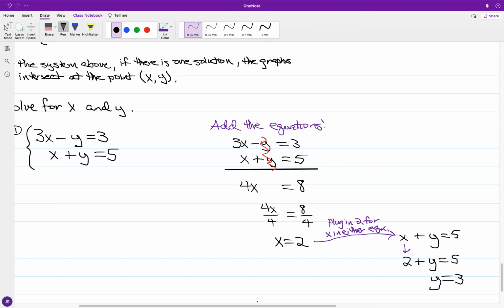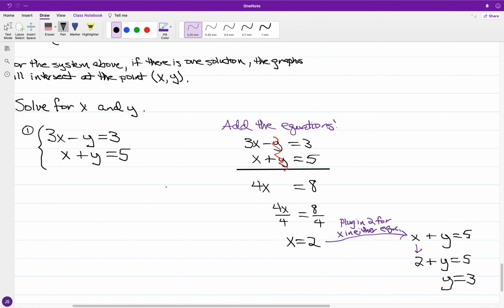Okay. And so just looking at what we have here, you can double check. With x at 2 and y at 3, 2 plus 3 is equal to 5. And 3 times 2 is 6, and 6 minus 3 is equal to 3.